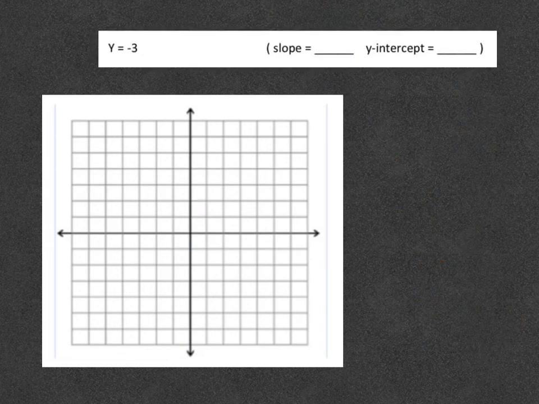Okay, very last one. y equals mx plus b. When you look at this equation, it just says y equals -3. This one has no x in there. So since this one doesn't have an x this time, my slope is 0.